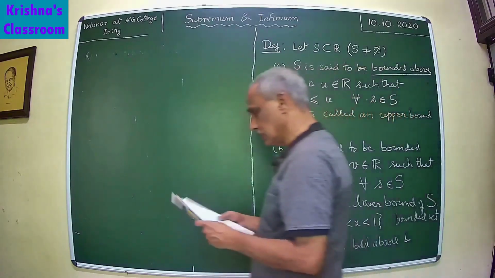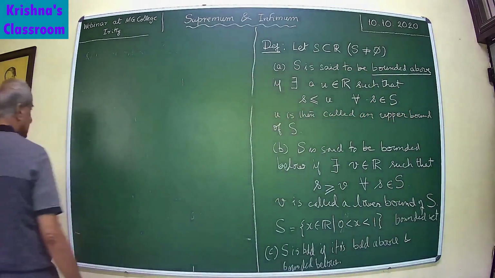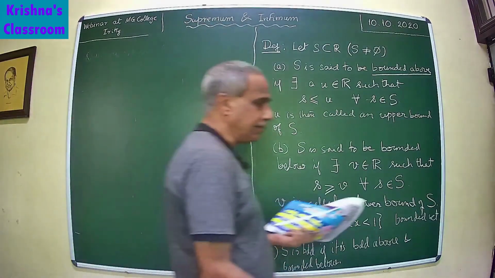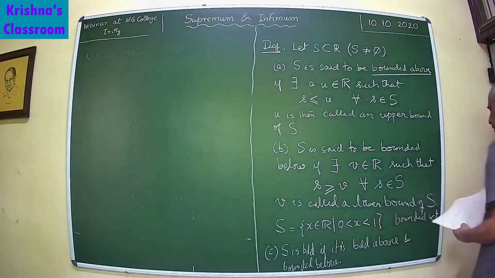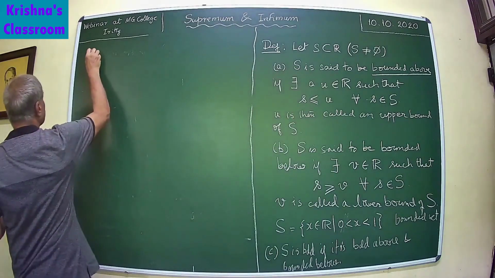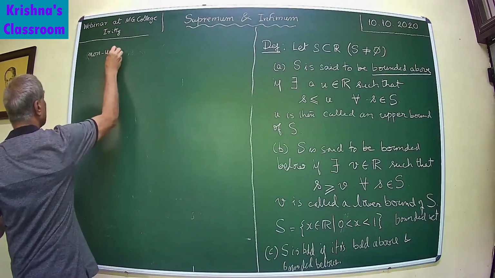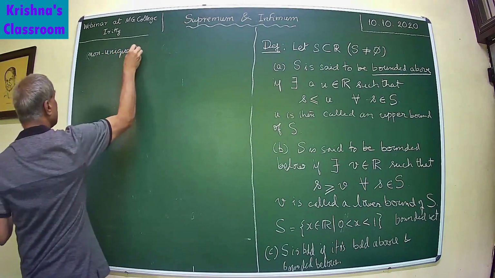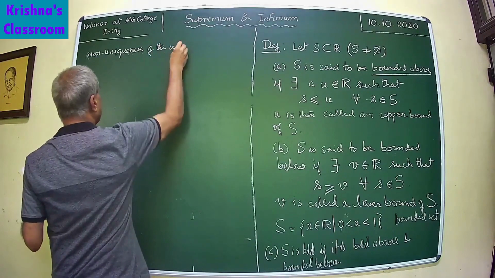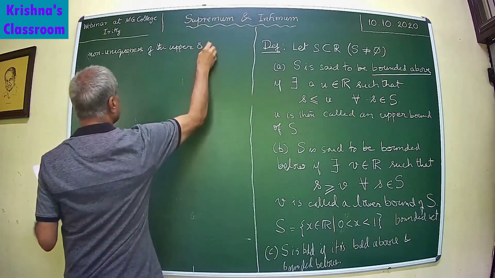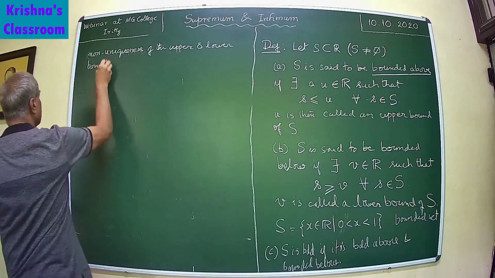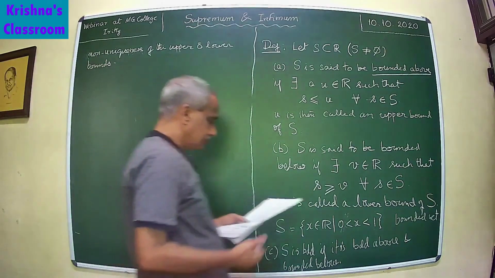Now we have said that if some set is bounded above or bounded below, the bound that you have is not unique. So, non-uniqueness of the upper and lower bounds.